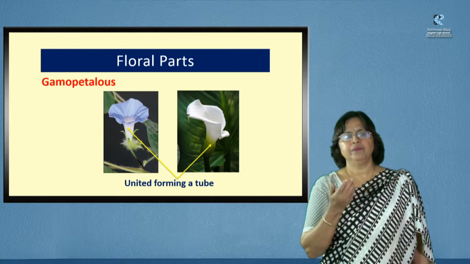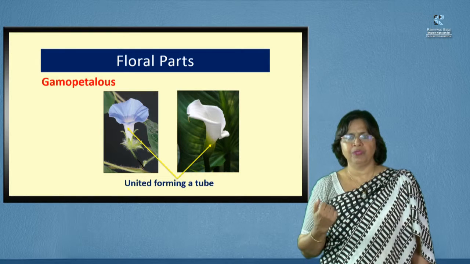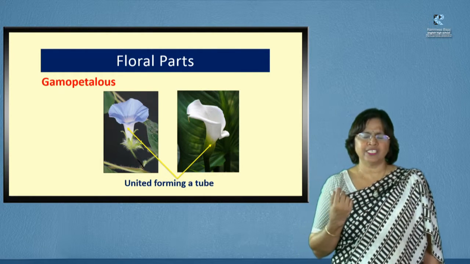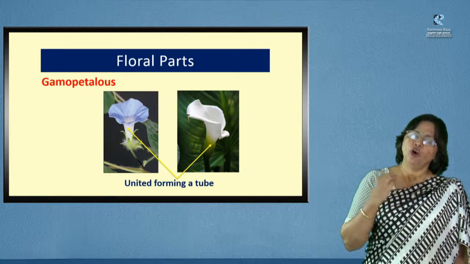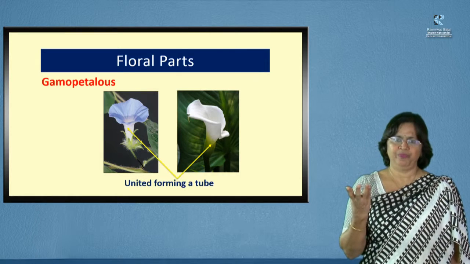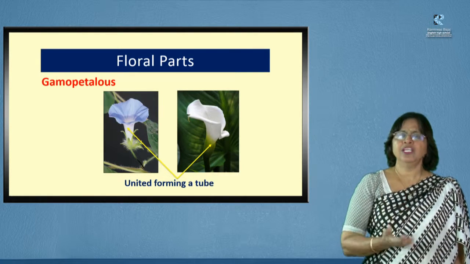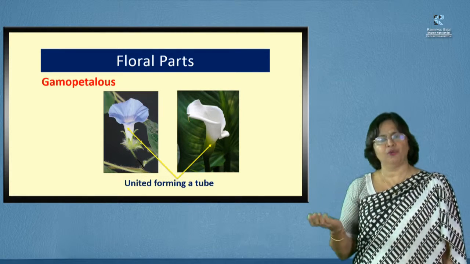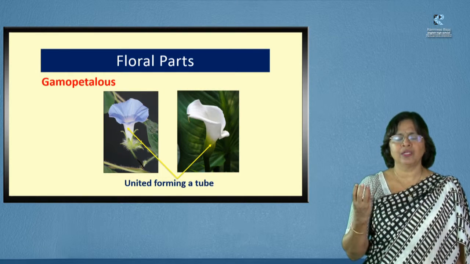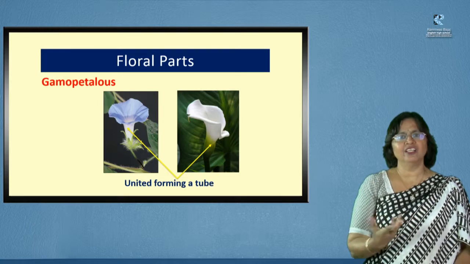In Ipomoea, morning glory, all the petals are united together to form a cup-like, funnel-like structure, and in a pea flower only 2 petals are united. Such a corolla is called gamopetalous. The corolla is described as gamopetalous when all the petals are united to form a single structure.